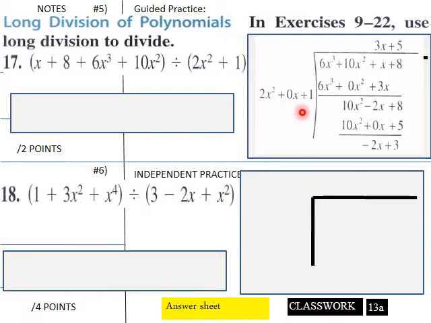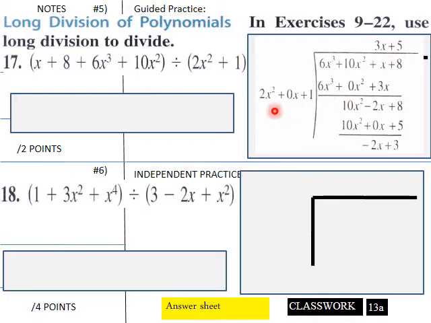So 2x squared plus 0x plus 1. 2x squared goes into 6x cubed 3x times. Then we multiply through, and we get 6x cubed plus 0x squared plus 3x. Change signs and add. These cancel. And then this just becomes 10x squared. And then this becomes negative 2x. And then we drop down our 8.